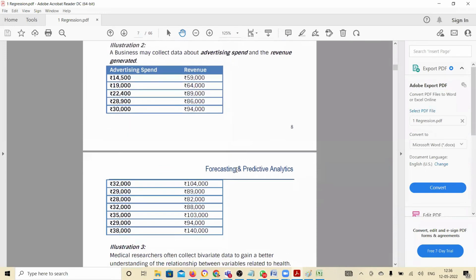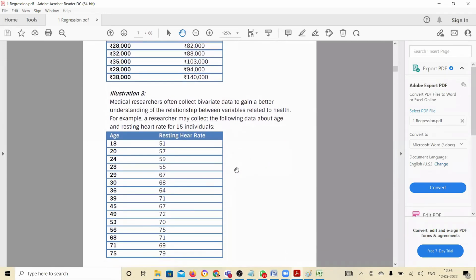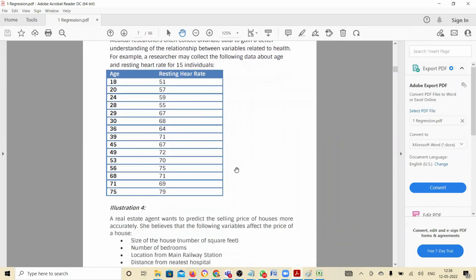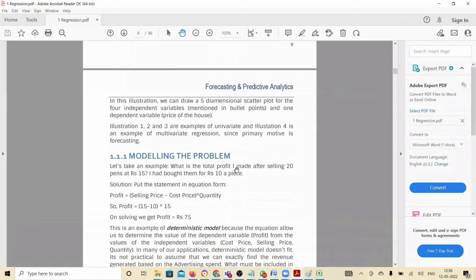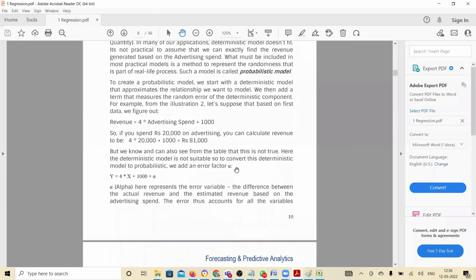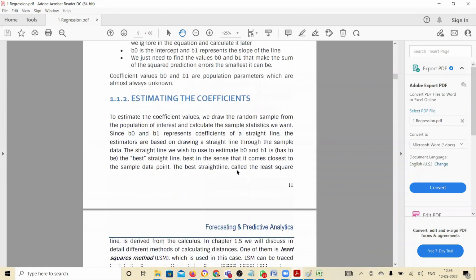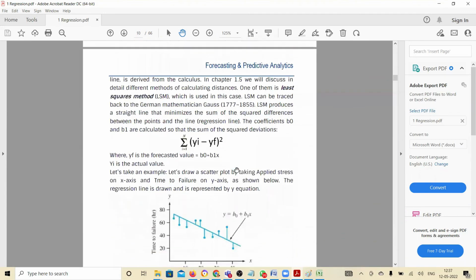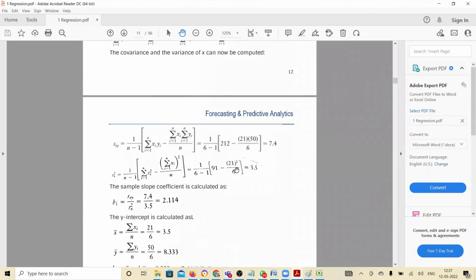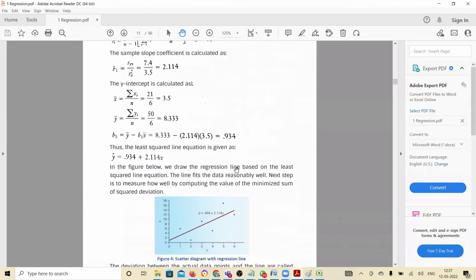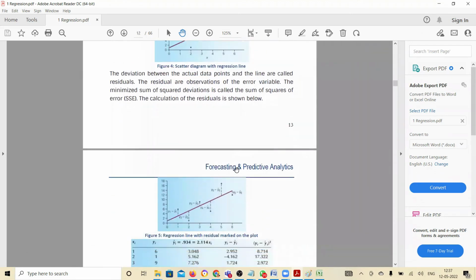There are other examples. Go through this video and try to practice these examples again. This is what we did: modeling the problem, then estimating the coefficients. Once you estimate the coefficients, we need to analyze how well our regression model has worked.